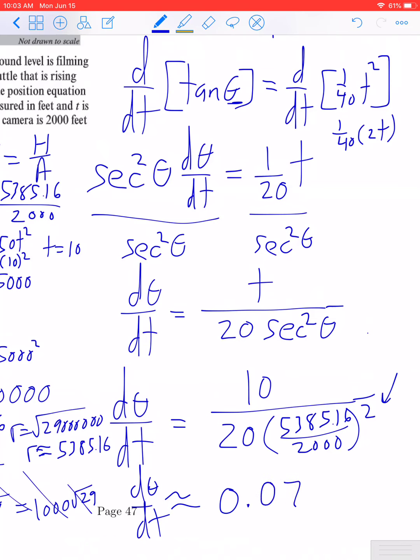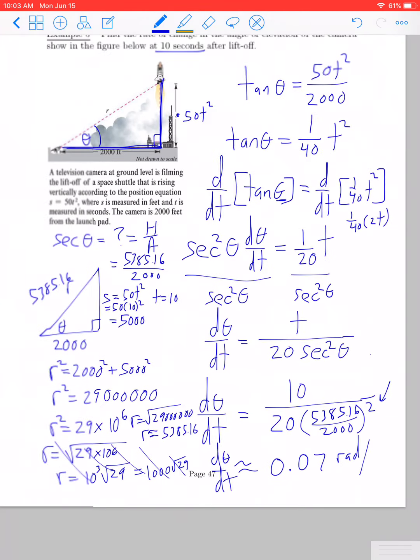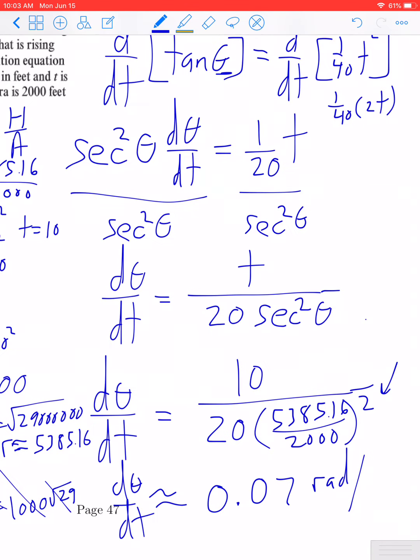Angles are measured in radians, and time here was measured in seconds. So dθ/dt would be approximately 0.07 radians per second.